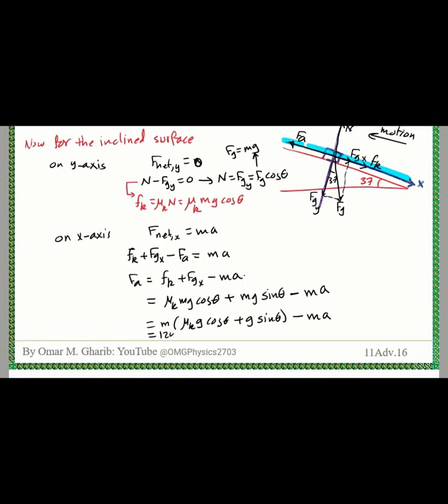M is 1.124, mu k 0.195, g 9.8 cosine 37, plus 9.8 sine 37, minus 124 times the acceleration, which is 1.5. Sorry, we forgot that the acceleration is negative.